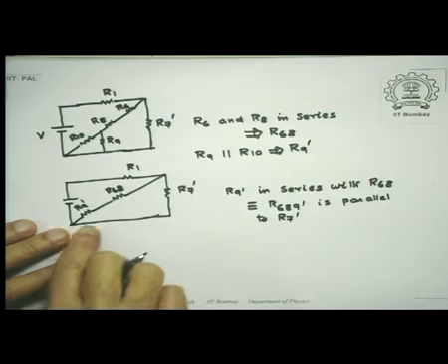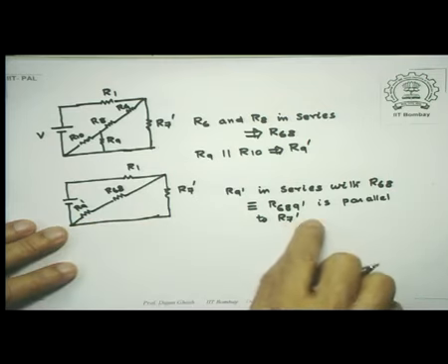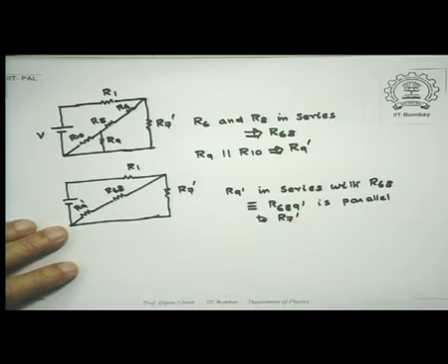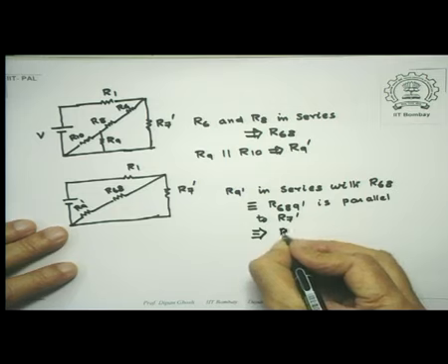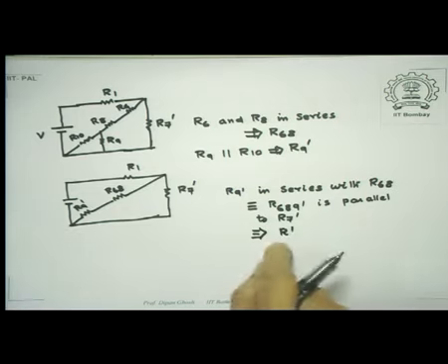So therefore, I can replace this with an equivalent resistance, let's say R prime, and then my R prime and R1 are in series. So therefore, you notice a very complicated looking circuit has been reduced to series and parallel combinations.